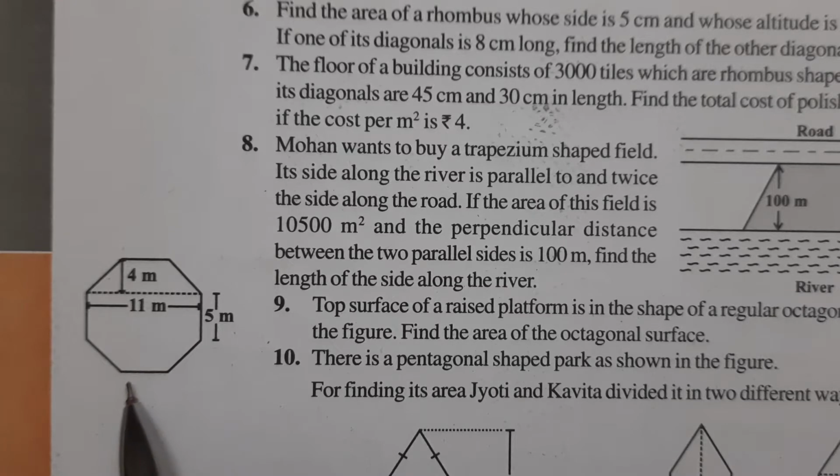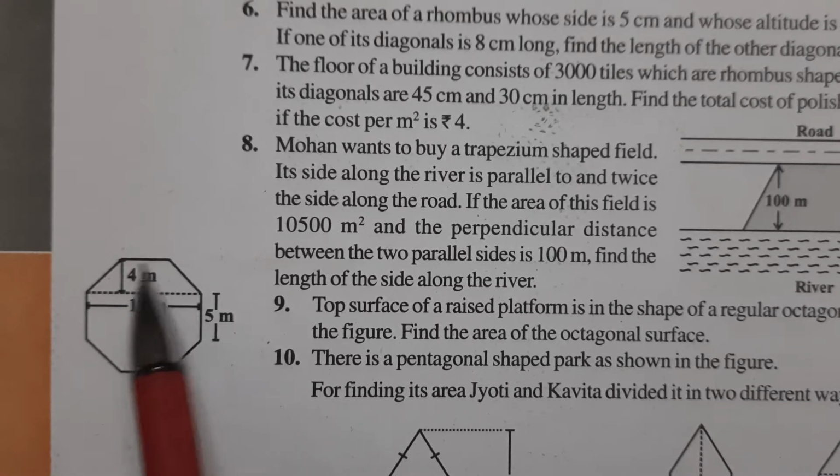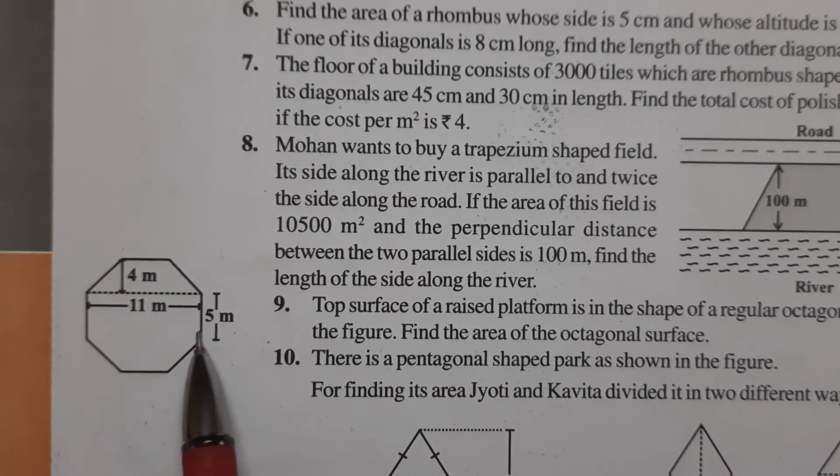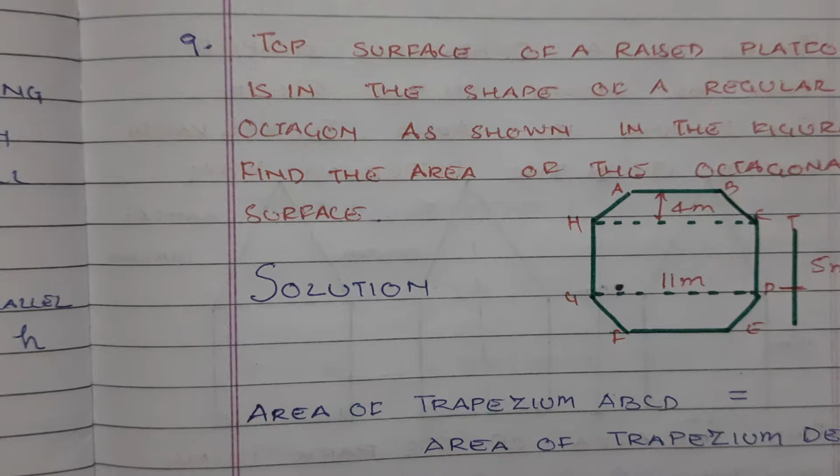Now this surface can be divided into three parts. Here the first portion, you can see, is in the form of a trapezium. In the same way, the bottom will also be in the form of a trapezium, and the middle portion will be in the form of a rectangle.